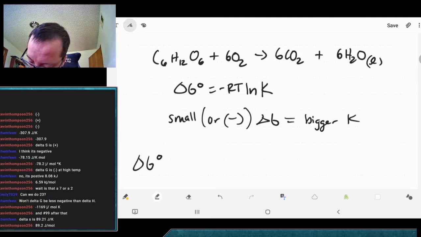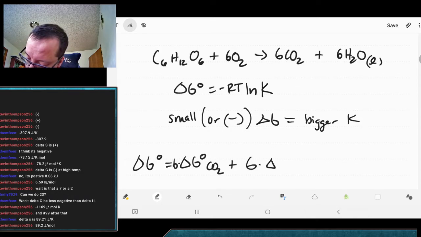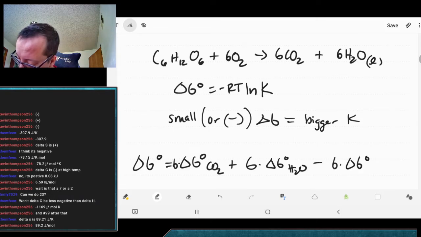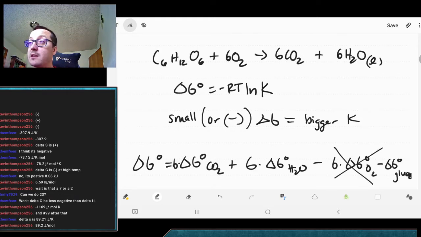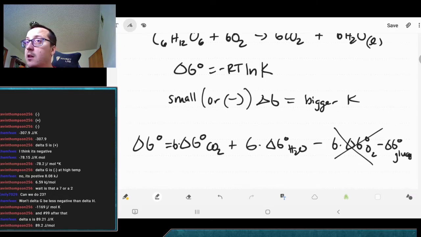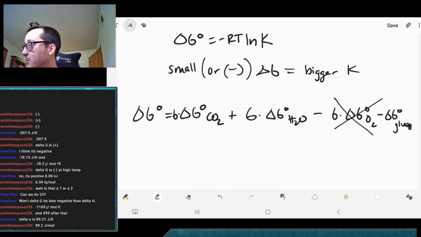So delta G for this reaction will be 6 times delta G for CO2 plus 6 times delta G for liquid water, minus 6 times delta G for oxygen, which is 0, minus delta G for glucose. Remember, oxygen is 0 because it's in its standard state. Okay, so we're looking at liquid water. Delta G is negative 237.1.